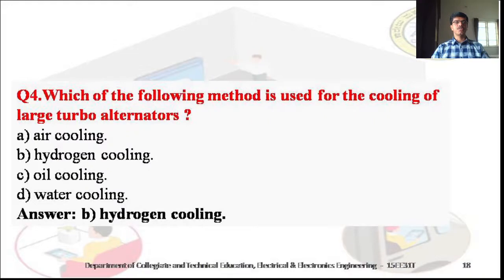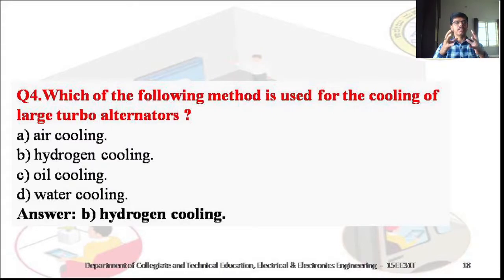Next, which of the following methods is used for the cooling of large turbo alternators? Number one, air cooling; hydrogen cooling; oil cooling; and water cooling. Air cooling, oil cooling and water cooling will have certain limitations, because the ducts will be getting more than 50% of the armature rotor length.